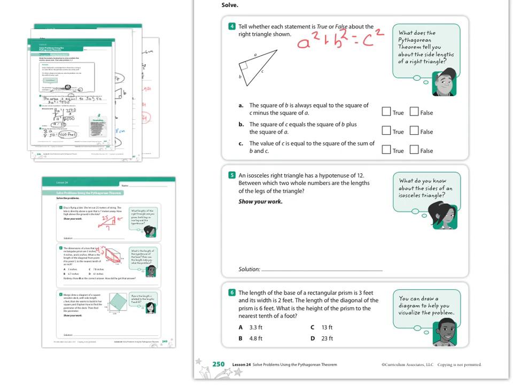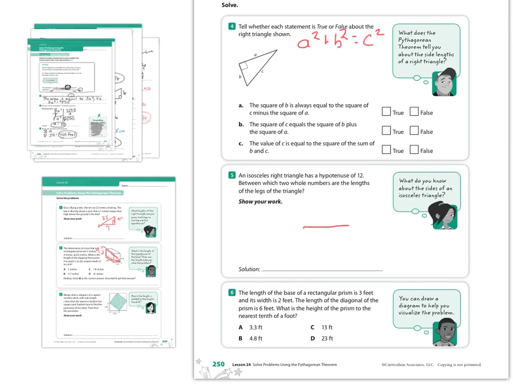Number 5, we got to know what the definition of an isosceles right triangle is. An isosceles triangle is a triangle that has two sides that are the same. So, to figure this one out, look at your diagram.